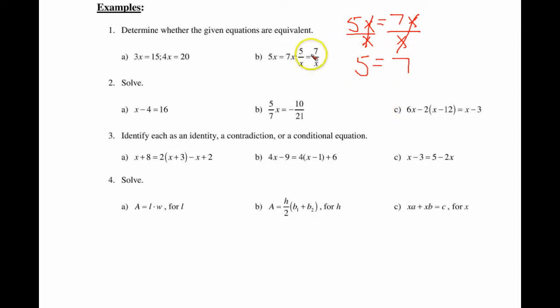Well, is that true? The answer is no. And this set of equations are not equivalent. So no, these are not equivalent equations. Again, they're not building this up in small pieces, but jumping right into something.